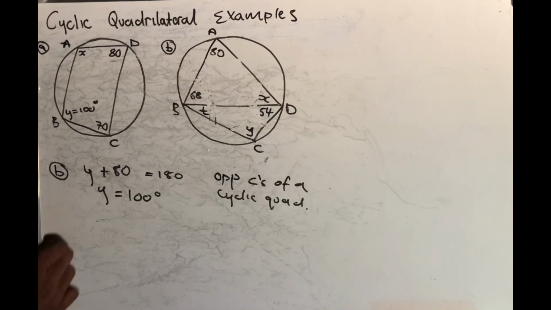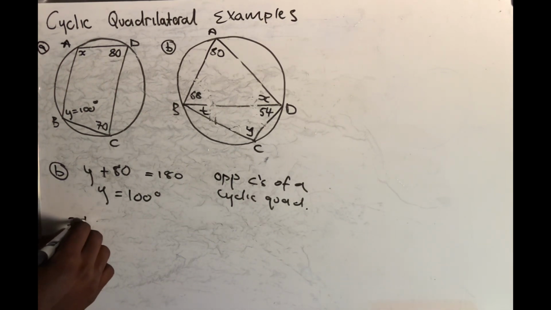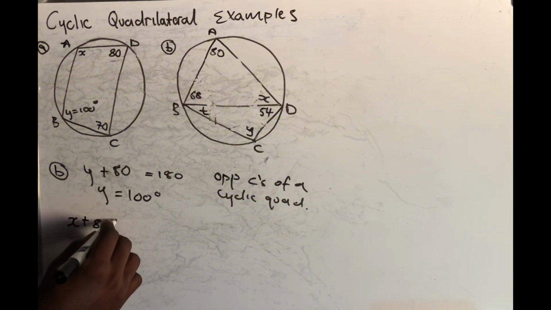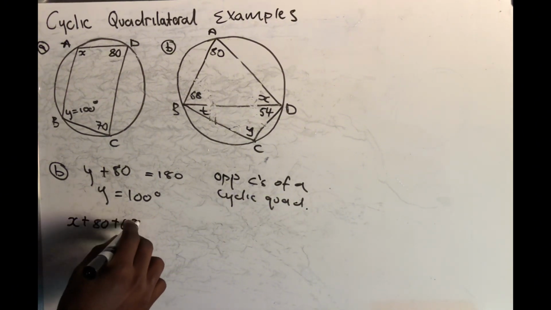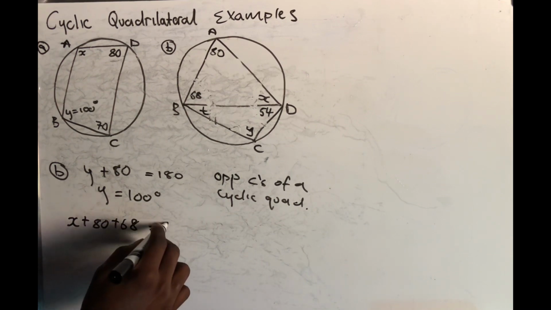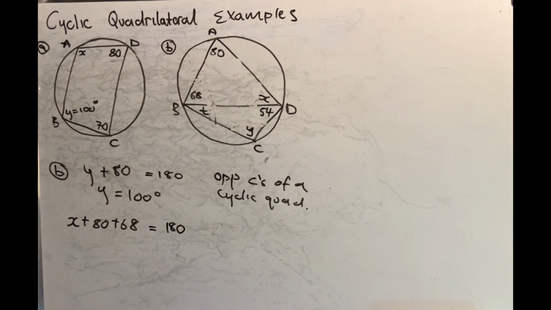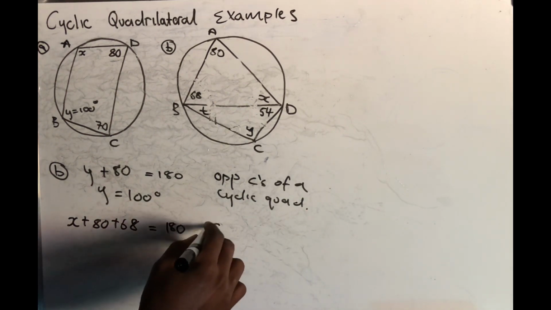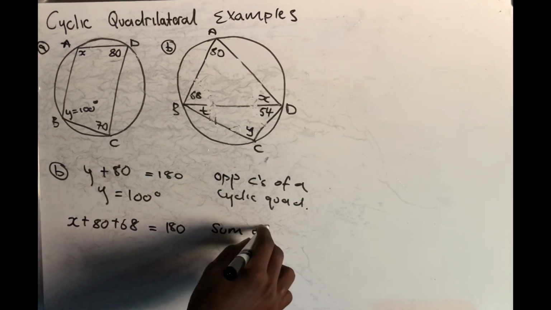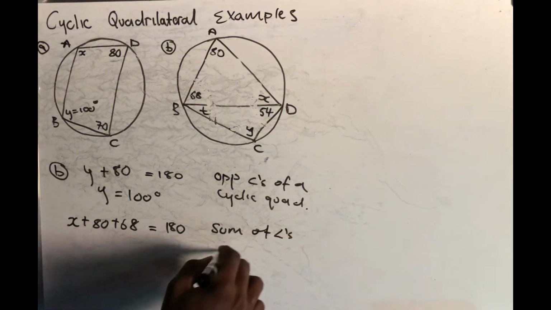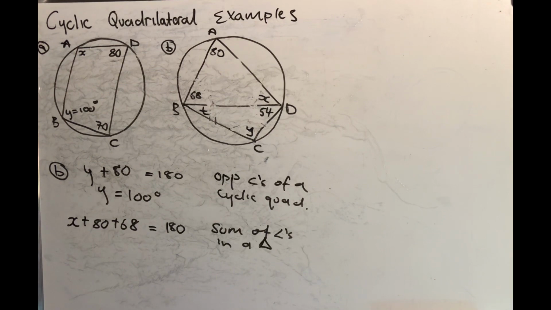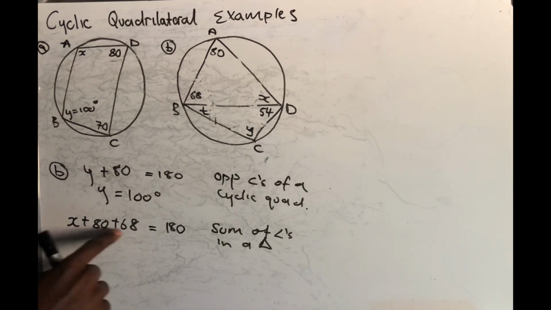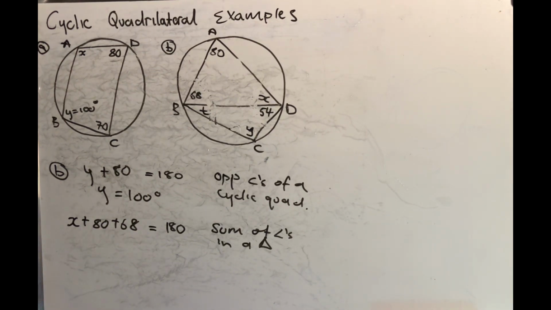So we'll say x plus 80 plus 68 is equal to 180. What's your reason for saying that? Sum of angles in a triangle. 80 plus 68 is what?